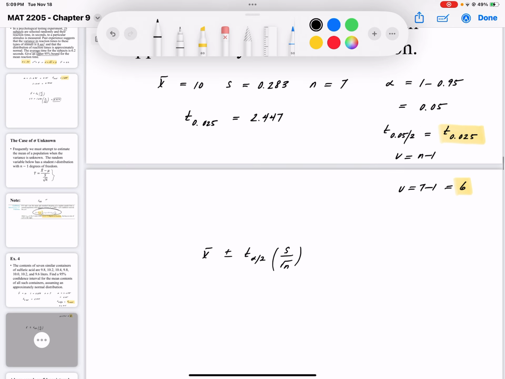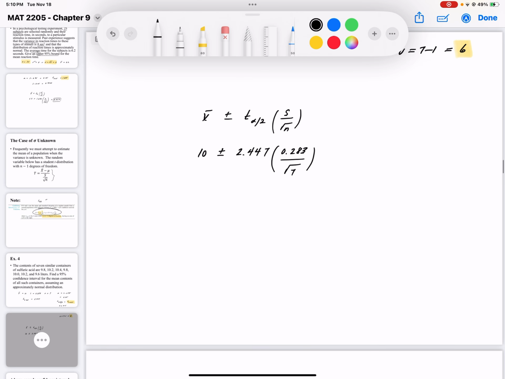Our sample mean is 10. Our T sub alpha divided by 2 value is 2.447. Our S value is 0.283. Our sample size is 7. Okay, let's plug all this in and see what interval we get.